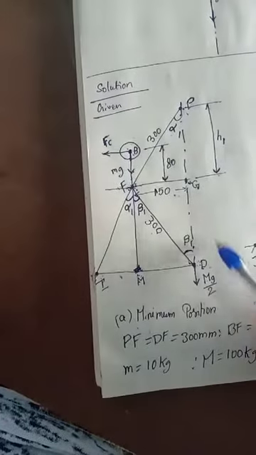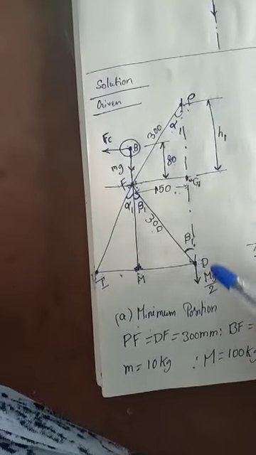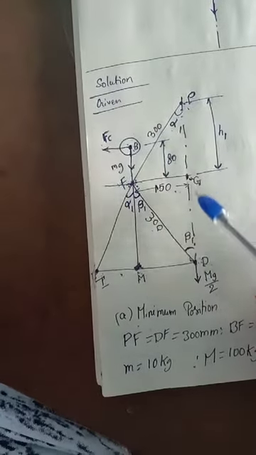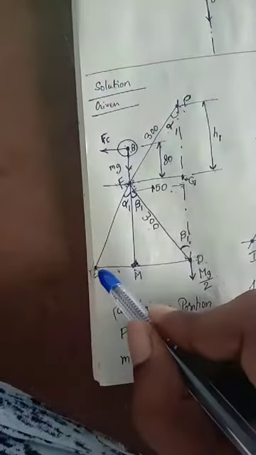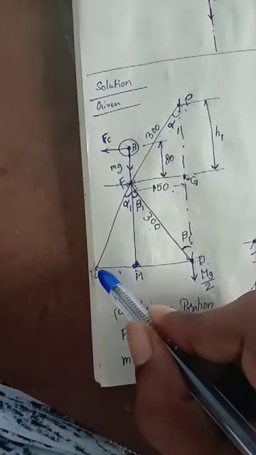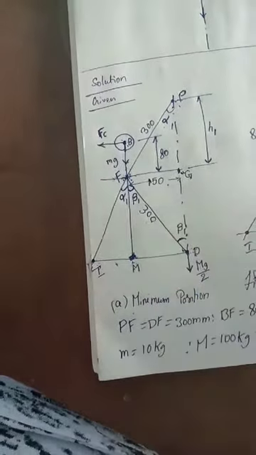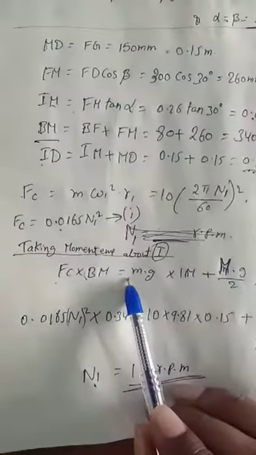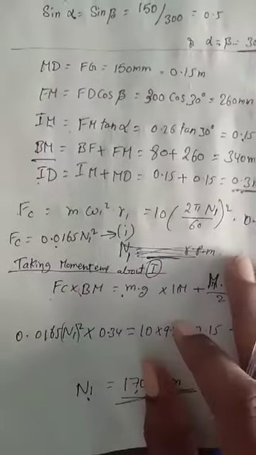Once you know the angles, you can find all the distances, and then take the moments about the fixed point, the instantaneous center. We take the moments of all forces, and then finally we will get the answer. So this is the other method.